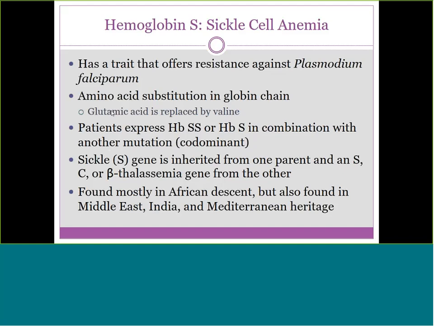Remember, those parasites use the red cells to their advantage. Well, they have this resistance against it, which is good because when you look at the bottom at who this mostly occurs in, it's in the same areas of the world as malaria. And so it's one of those things that just through evolutionary time has happened. Other than that, I don't know a ton about it, but keep that in mind. That's a good point to keep in mind there.